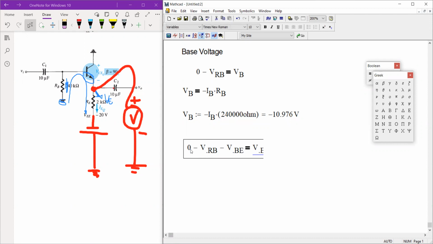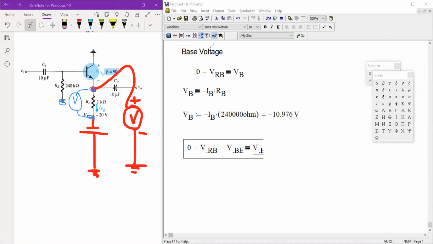Again, V sub E is not equal to I sub E R sub E, because if you say that V sub E is equivalent to I sub E R sub E, that means you're going to place your voltmeter similar to this one. That's the common mistake with this network.